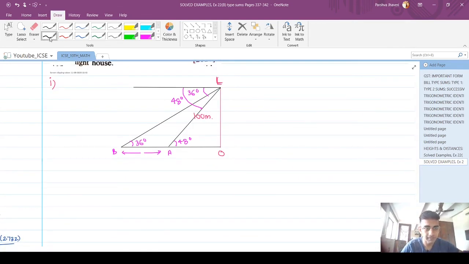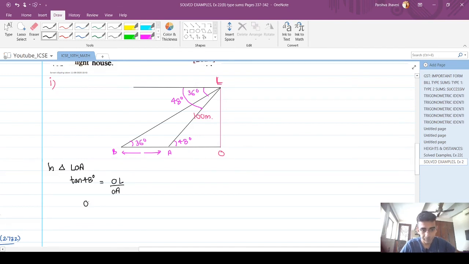Now it's very simple, direct sum solving. In triangle LOA, we get tan 48 degrees is OL upon OA. OA is equal to OL, which is 100, because that's the length of the lighthouse, upon tan 48.